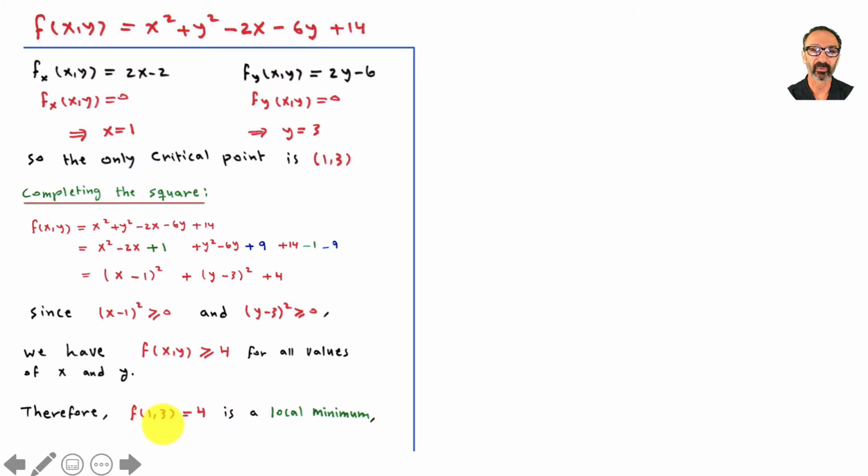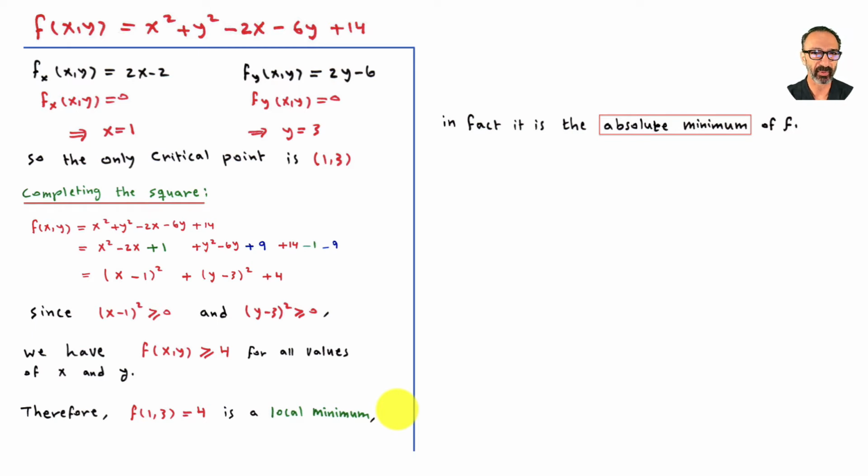So f(1, 3) is less than or equal to f(x, y) in the whole domain. So it's called a local minimum. In fact, it's the absolute minimum, because it's the only minimum that I have. If I have 2 minimums, I could compare them, but I only have 1 minimum, so that should do it.